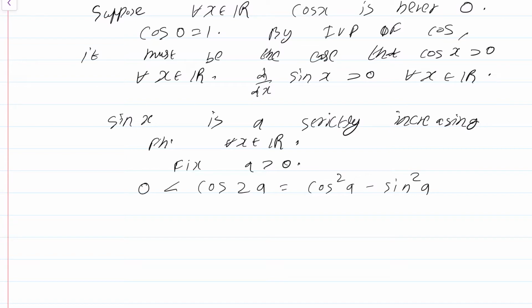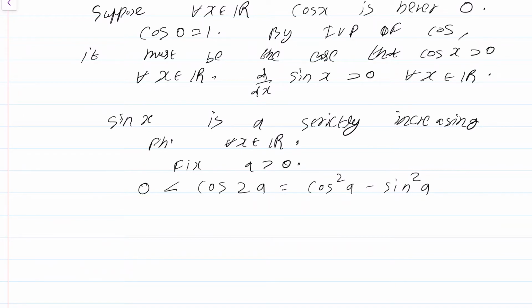We have also seen that if a is greater than 0, sine squared a must be positive, simply because sine is strictly increasing throughout R, and sine 0 is 0. So sine squared a is going to be a positive quantity.